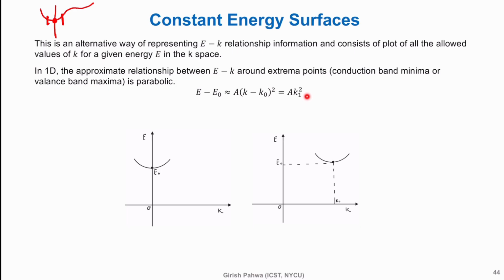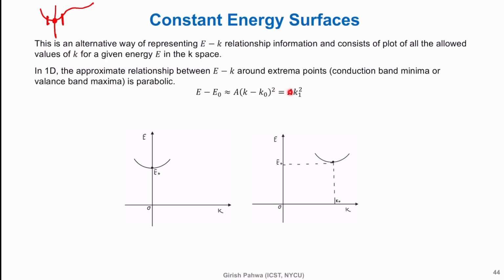Now, because this is a parabolic approximation, I can also represent this relationship in terms of effective mass. So what is effective mass? It is proportional to 1 upon d2E by dk square. Because this is a perfect parabolic relationship, you will get this A in terms of effective mass.